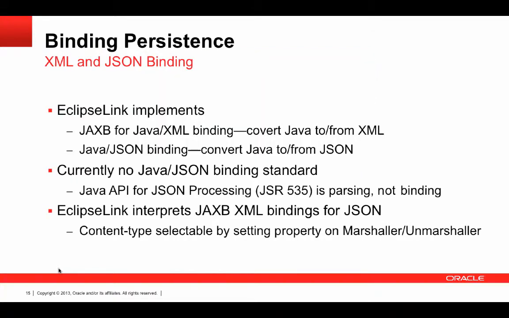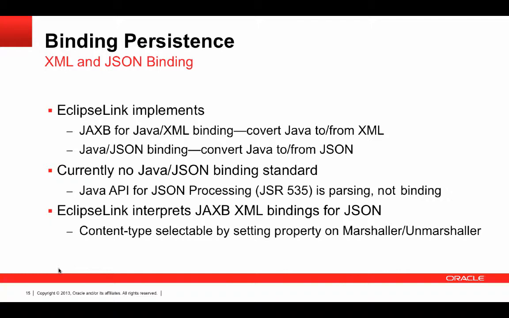So XML and JSON binding is a pretty well-known problem. JAXB has been around for years and is now part of Java SE, and it really deals with the XML binding portion of it. It has a programming model as well as an annotation configuration model for defining how a given Java class relates to an XML structure.